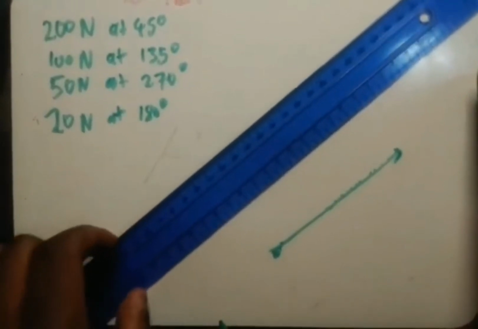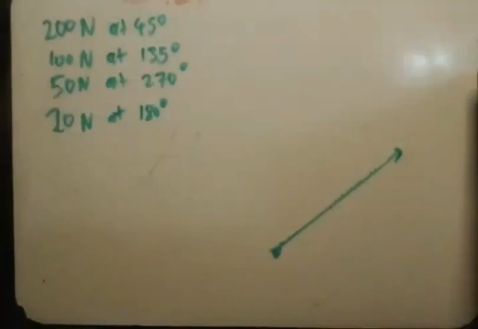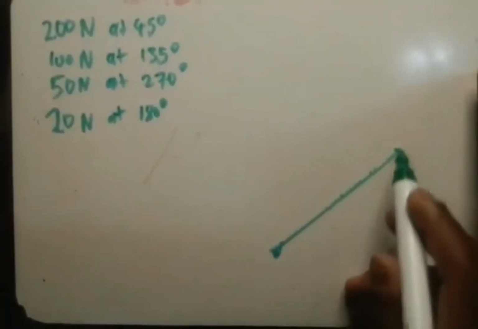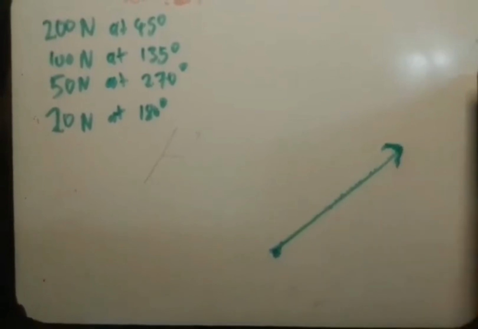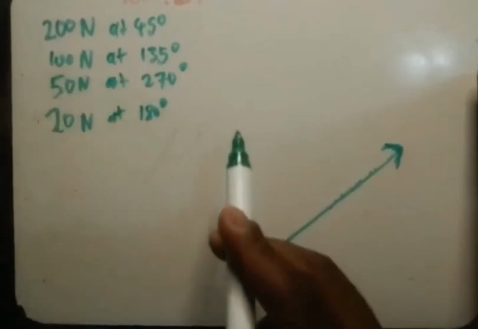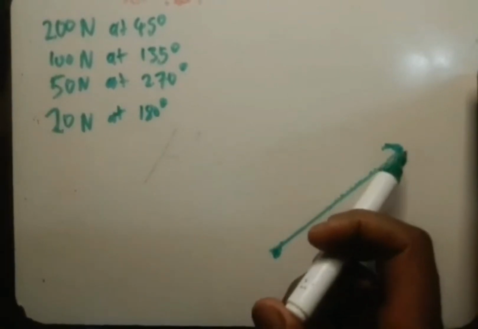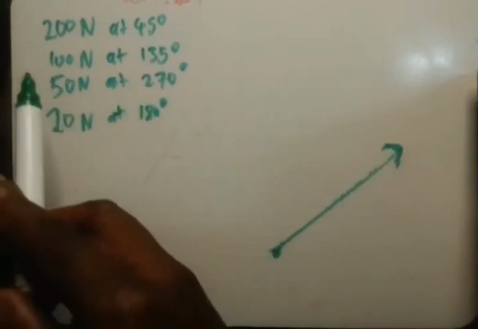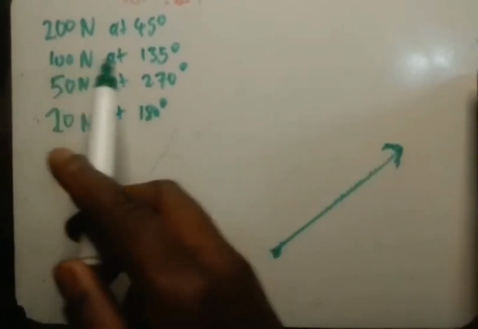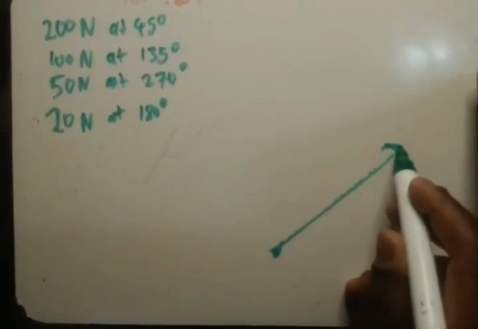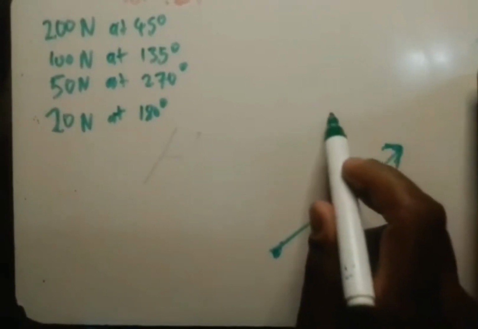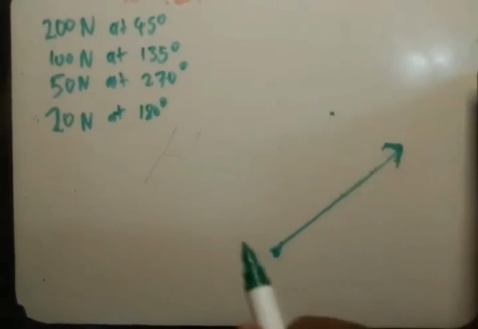Okay, so now let's draw the next one. So I started, so this is the tail and this is the head, right? Now I have to draw the other one starting from the head, so that the head can connect to the tail. So this is 100 newtons at 135 degrees, so I would have to start here. 135 degrees would be somewhere there if you use a protractor.